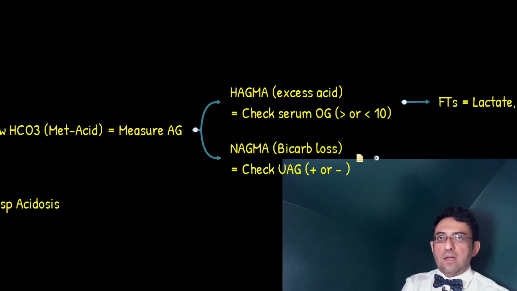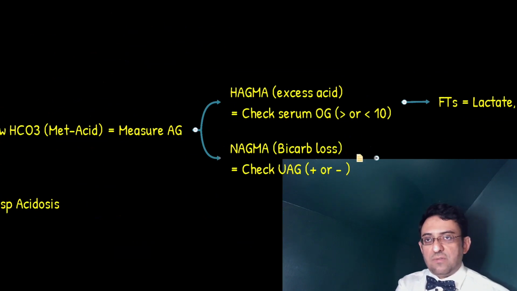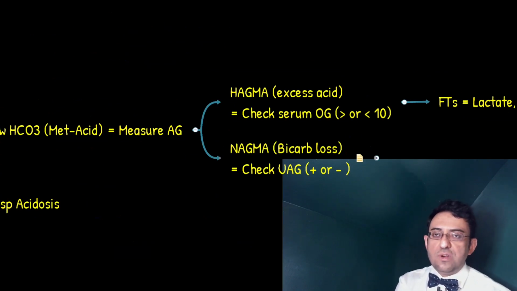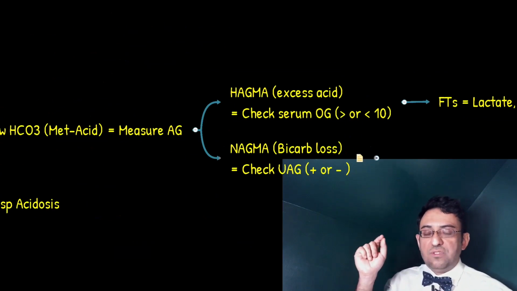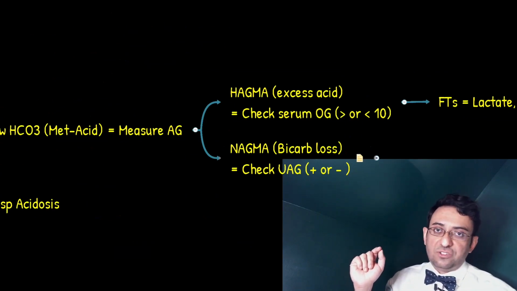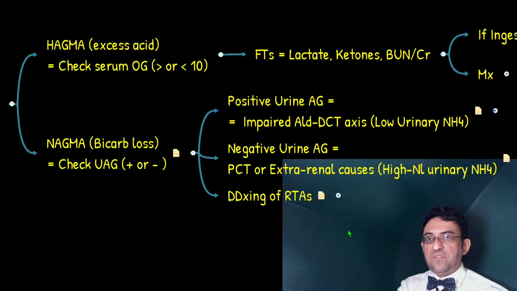Why do we need a proper understanding of NH4+ excretion in the urine in non-anion-gap metabolic acidosis? Please remember, non-anion-gap metabolic acidosis is either due to an impaired aldosterone-distal nephron axis, in which the distal nephron fails to reabsorb newly synthesized bicarbonate, secondary to impaired H-ATPase function in alpha intercalated cells of the distal nephron.